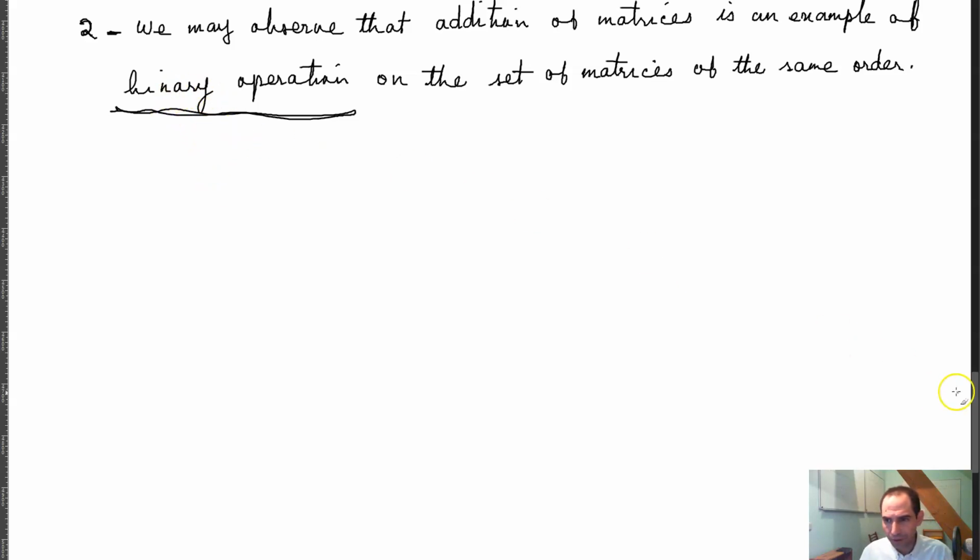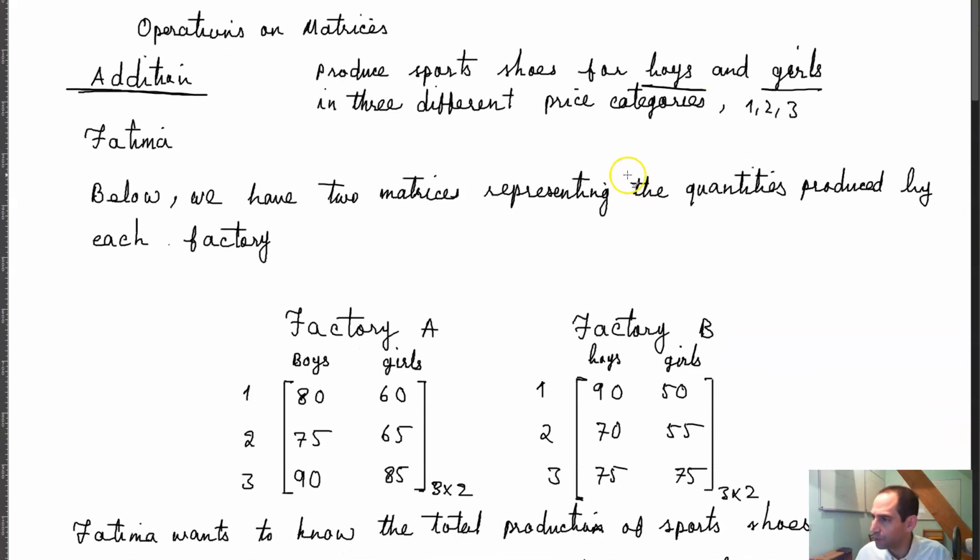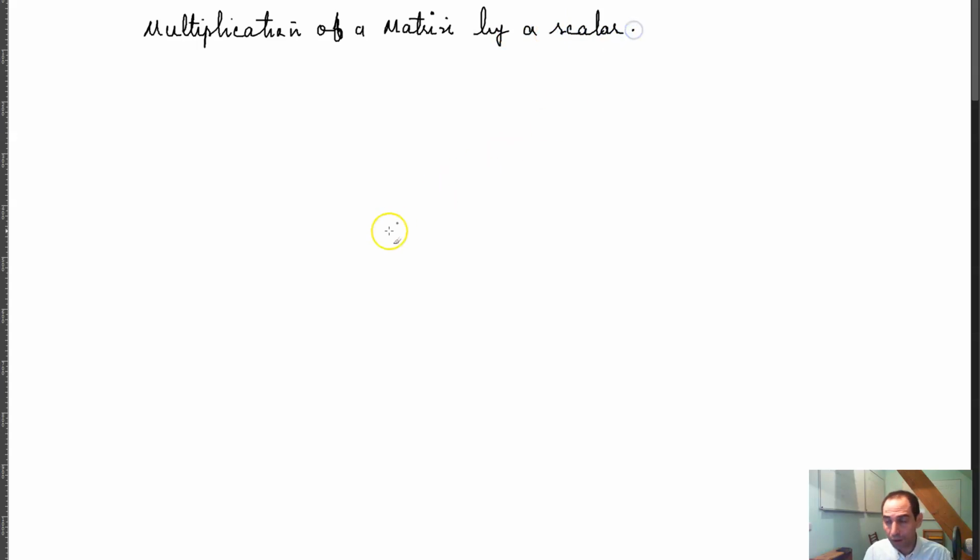Now another concept that we have, another operation that we have on matrices, is the multiplication of a matrix by a scalar. So let's see what that is.